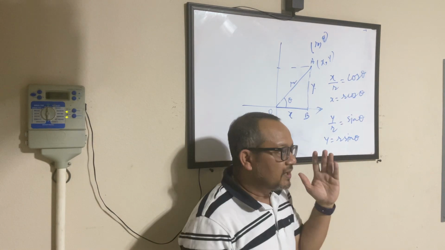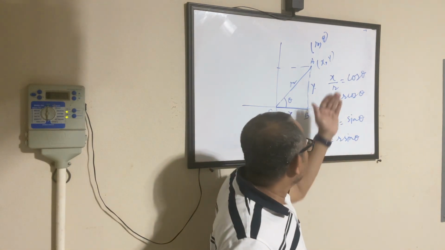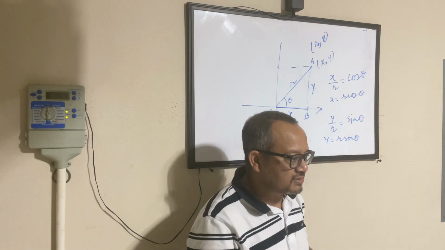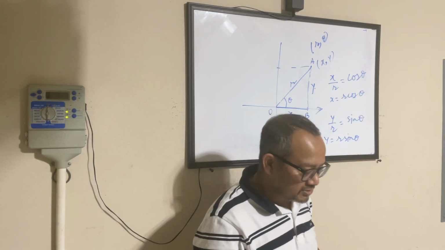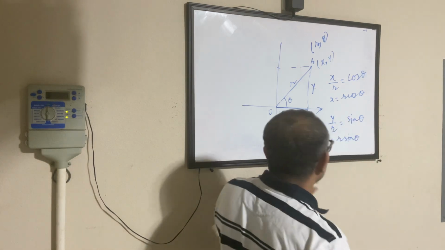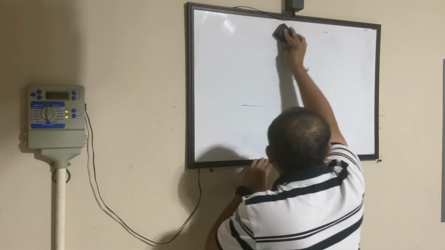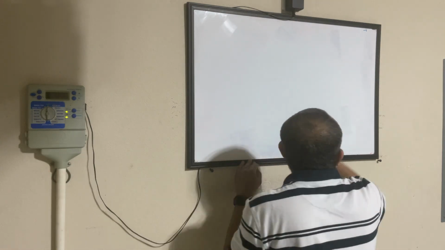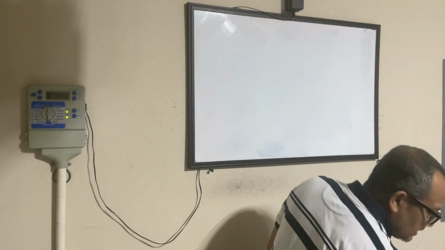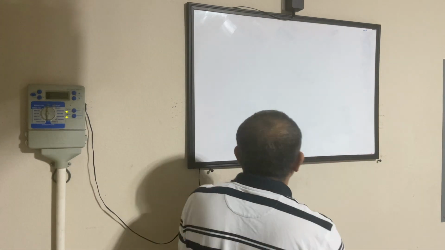And then we tried relating that with the Cartesian coordinates, and how you convert from polar coordinate to Cartesian coordinate or vice versa. So let's do one thing. I can just go on doing formula after formula, but math has zero value without practice. So let's do one quick conversion before we move on.